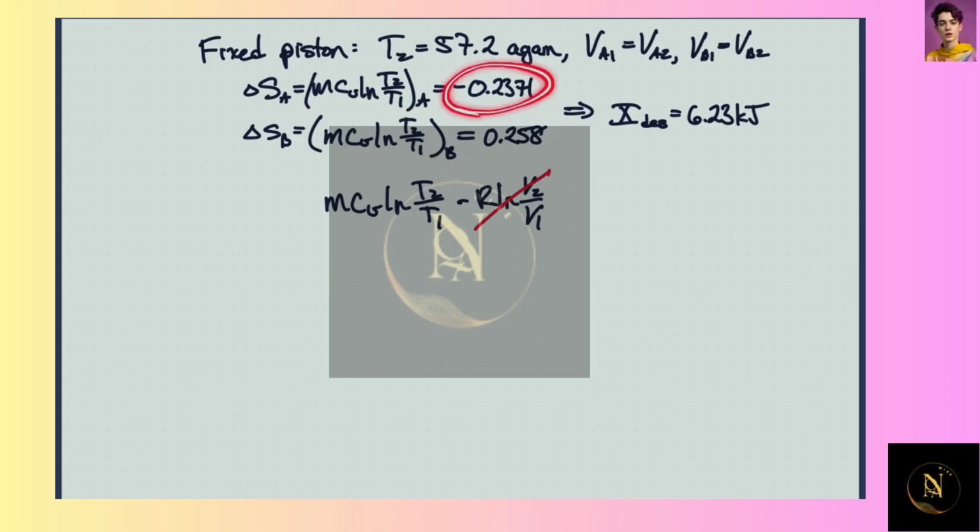So the change in entropy now winds up being this, or the sum of these two things. And then multiplying that by 298 Kelvin, we get the exergy destroyed in this case as 6.23 kilojoules. So we destroyed less exergy by holding the piston fixed, which is an interesting observation to make.